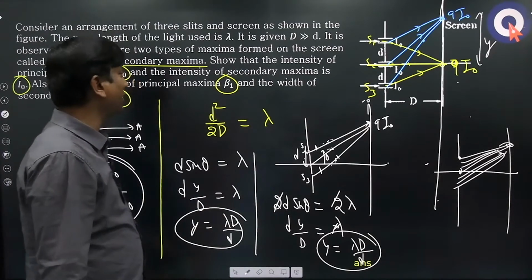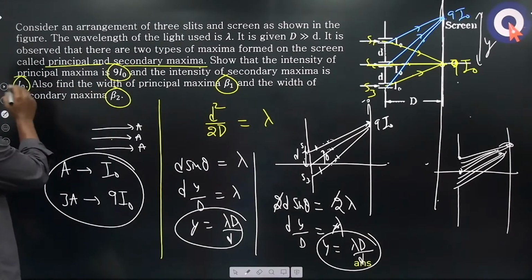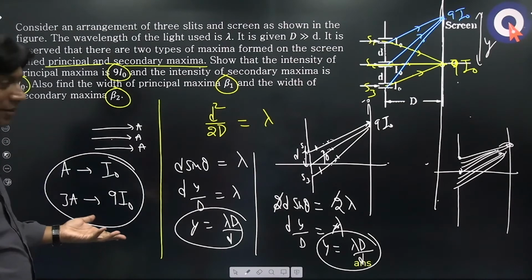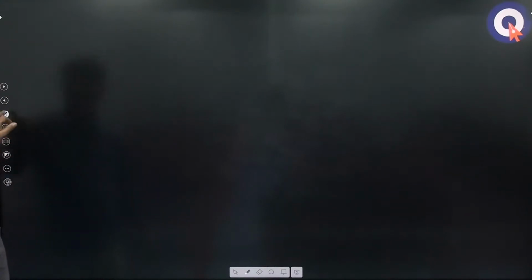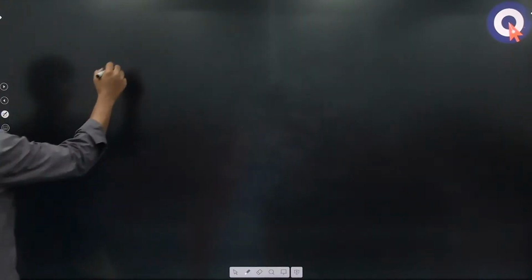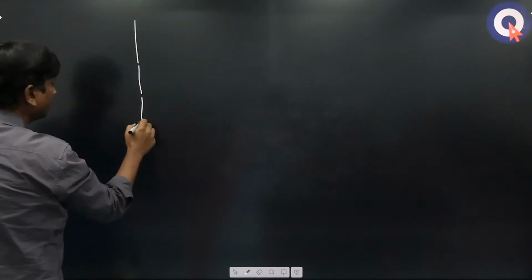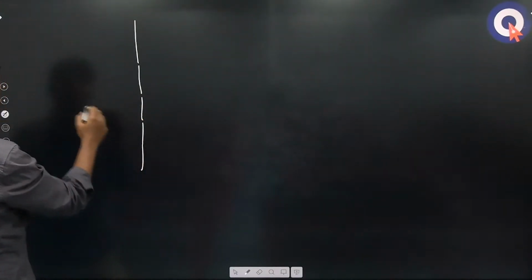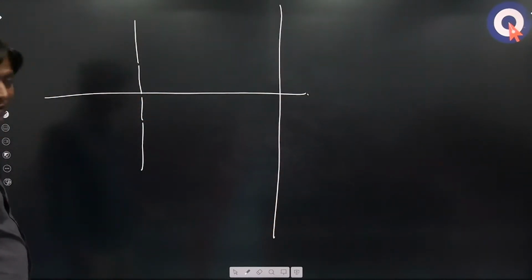Now let us talk for the secondary maxima, which is the intensity is I0 only. Okay. So for that also we'll talk. So you have to get I0, right?